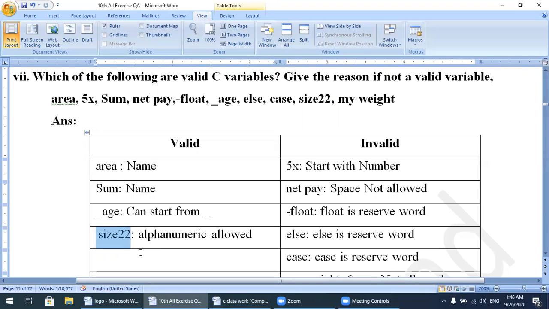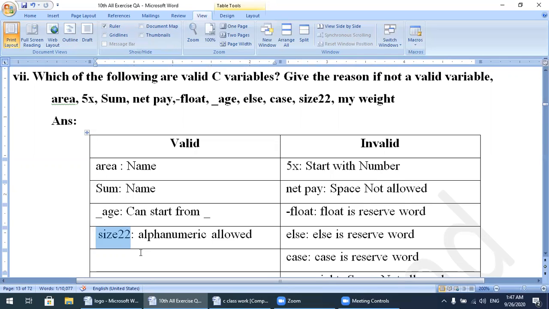Alphanumeric characters are allowed. In your book, in your exercise, size22 is valid. But 22size is an invalid variable name. Why invalid? Because we cannot start a variable with a numeric character.